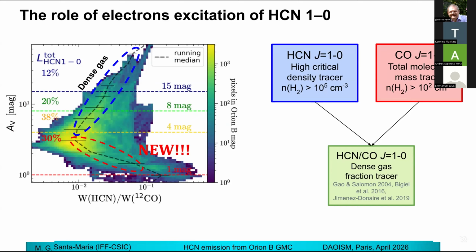The ratio is a tracer of the dense gas fraction, which could explain this in this histogram. However, our histogram is a bimodal histogram. We have a new component where the ratio increases as the AV, or the total column density, decreases.